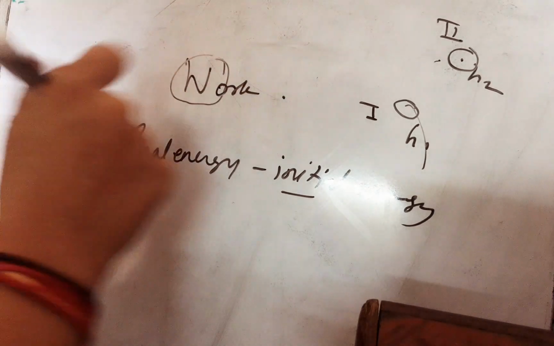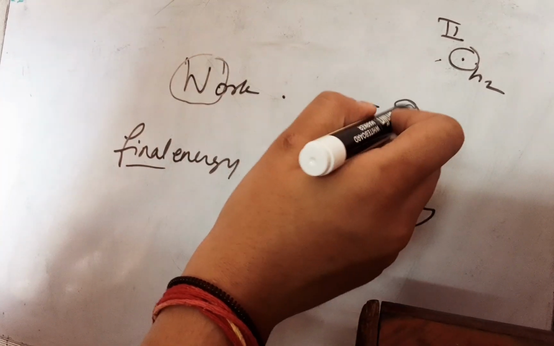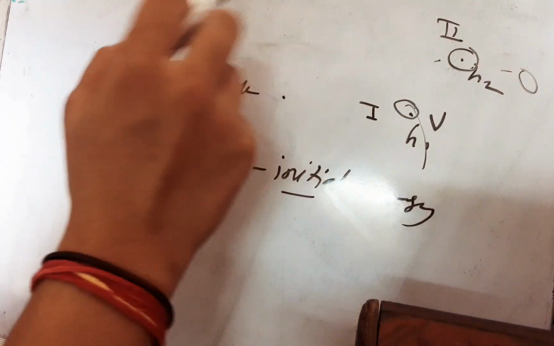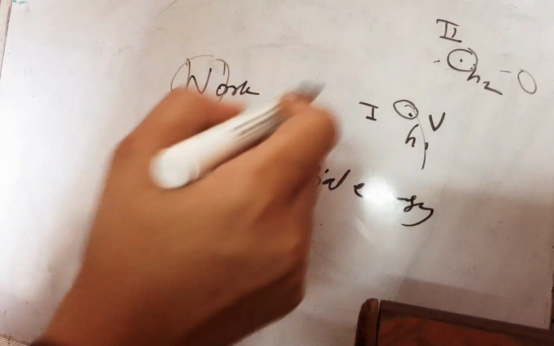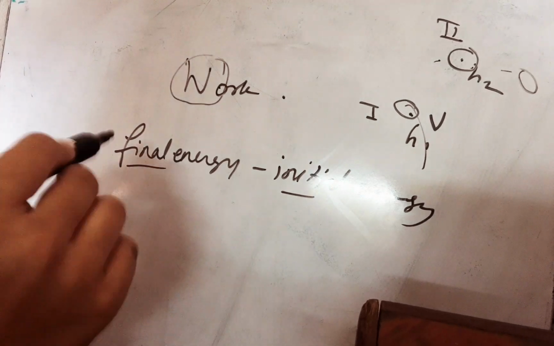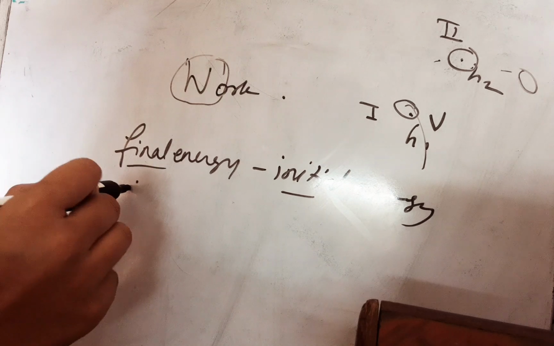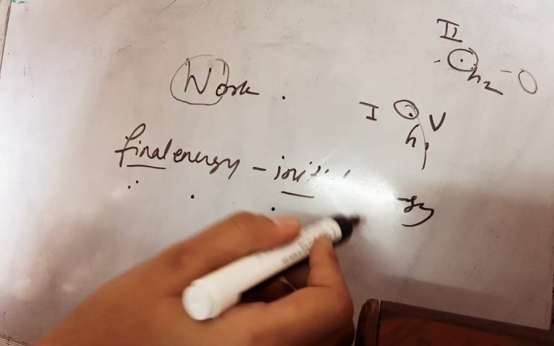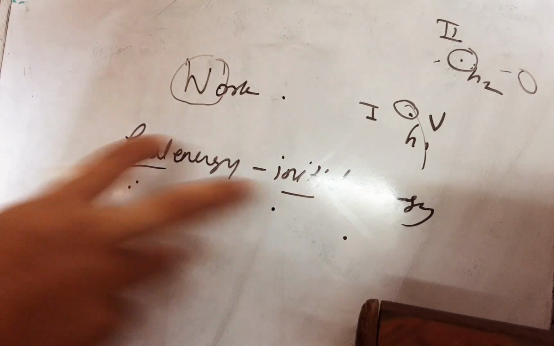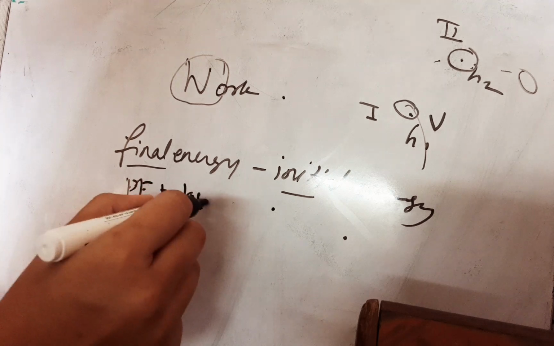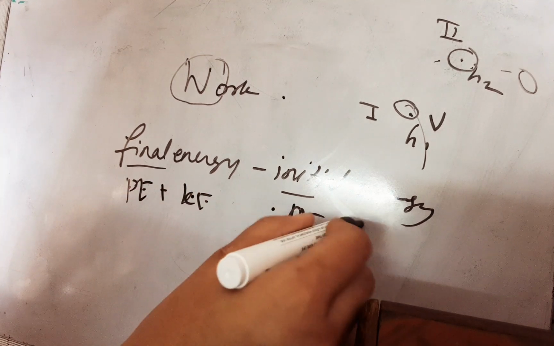If velocities are mentioned, for example at the starting point it had velocity v, and after reaching height h2 the velocity became 0, then total energy is potential energy plus kinetic energy. Initial energy is also potential energy plus kinetic energy.